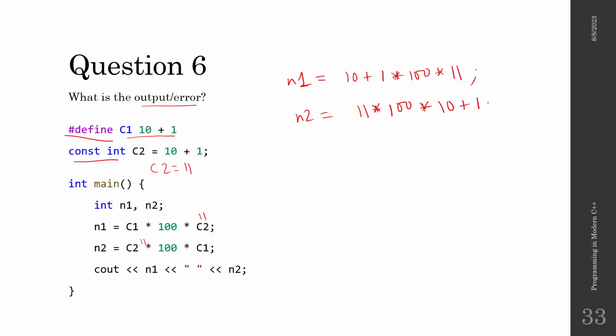So n1 will be 1100 plus 10, so 1110, and n2 will be 11,000 plus 1.